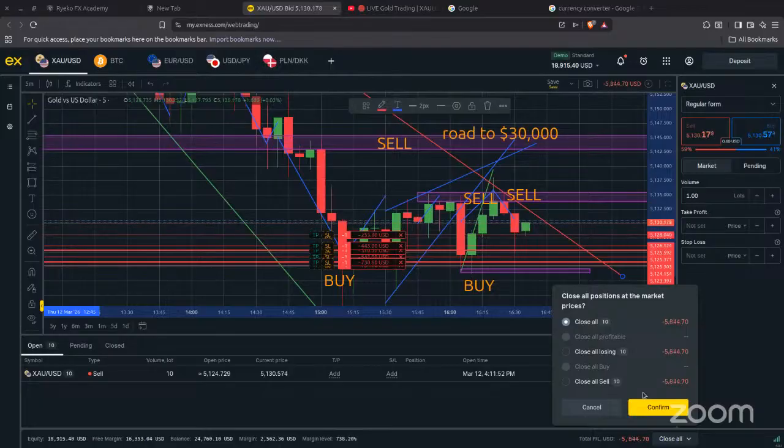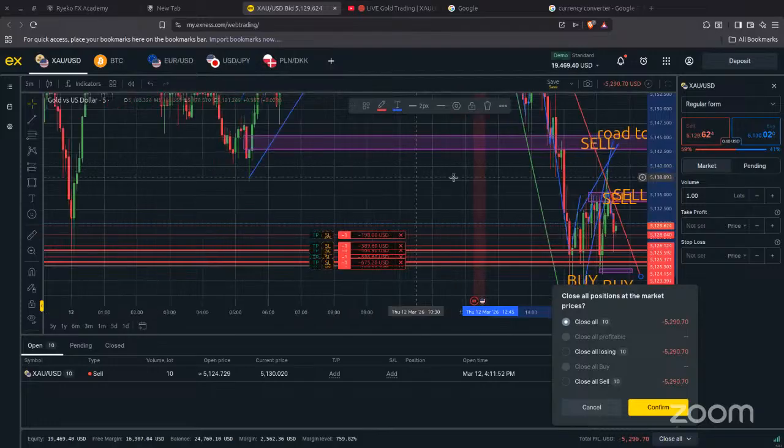Okay, so let's look at that price where, if it closes here, it has taken a different direction. If it closes here, it will just go up. Okay, so we can continue analyzing.